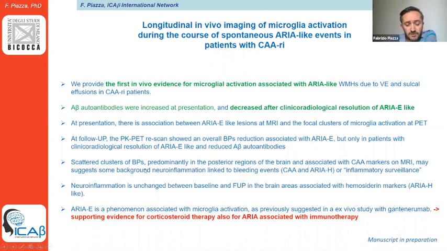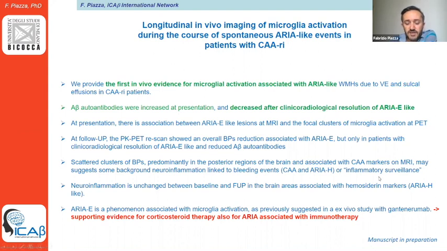Another intriguing piece of information is that we also found some very scattered clusters of microglia activation, reduced compared to the ones colocalized with ARIA-E, but colocalized also with the CAA marker on MRI, meaning with microbleeds or microhemorrhages.